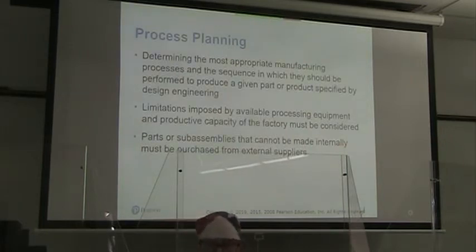The limitations imposed by the available processing equipment and the productive capacity of the factory have to be considered in the process planning process. Any parts or sub-assemblies that can't be made internally, we will have to purchase from external suppliers.